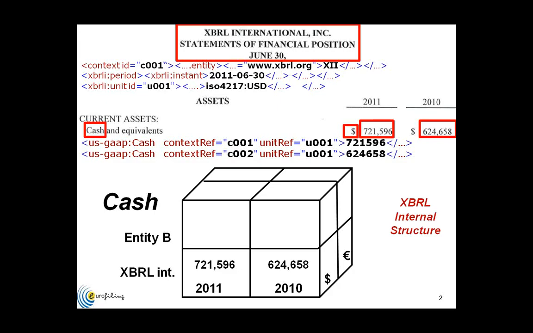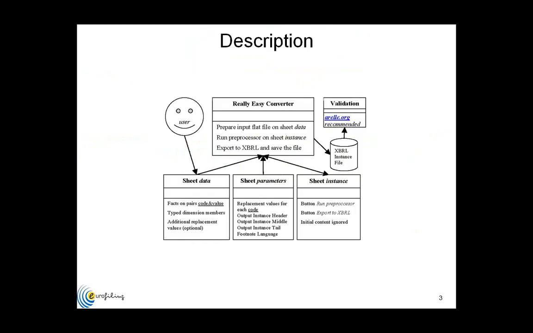So the next point is to describe a program for training, for teaching, how to generate an XBRL instance document from a very simple input. For instance, something that every programmer understands, that is code and value.